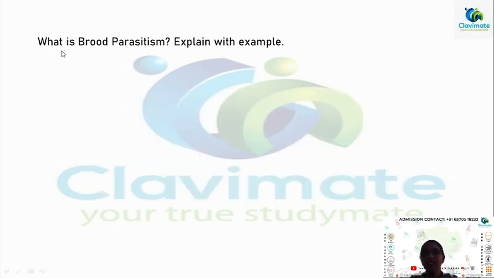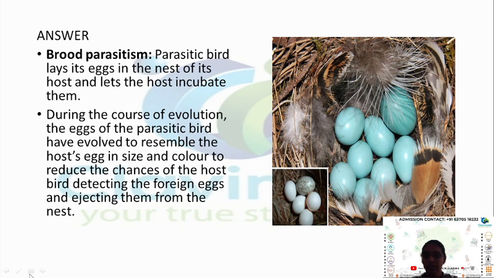So the next question is, what is brood parasitism? And explain with an example. Brood parasitism is where a parasitic bird lays its eggs in the nest of its host and lets the host incubate them.